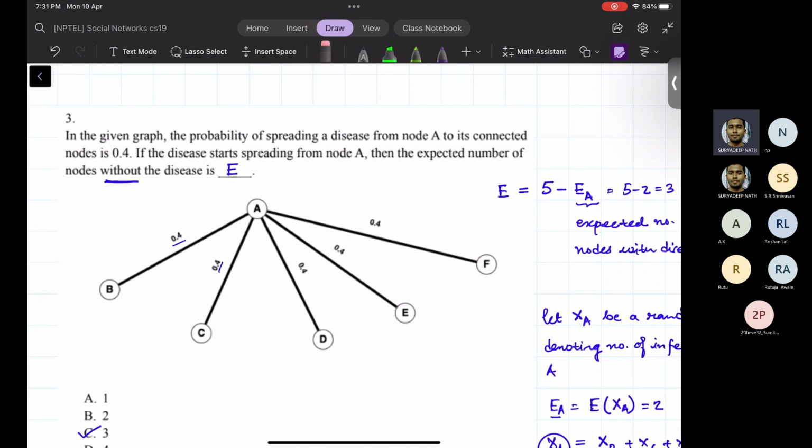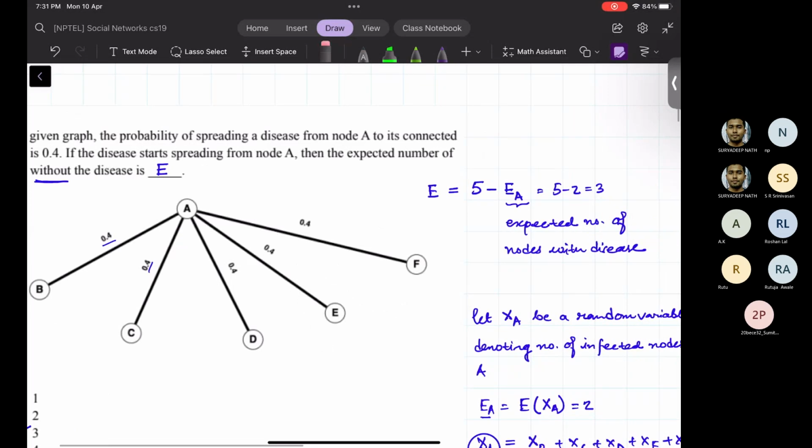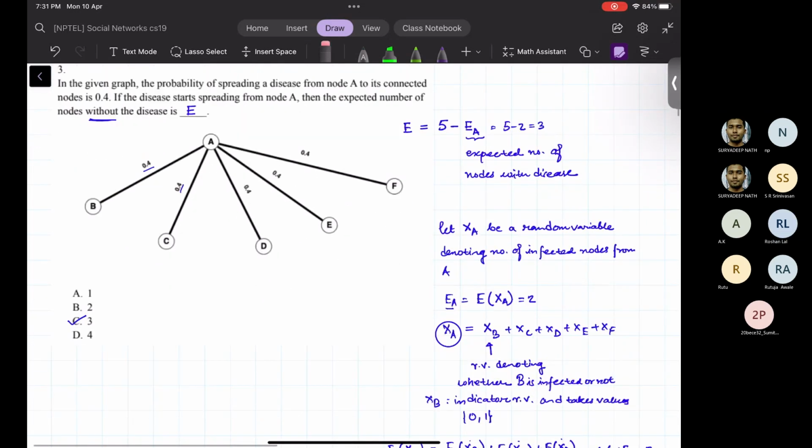So the expected number of secondary infections is 450 times 0.64, so that is 288 secondary infections. The right answer is 288, sir, the expected number of secondary infections.